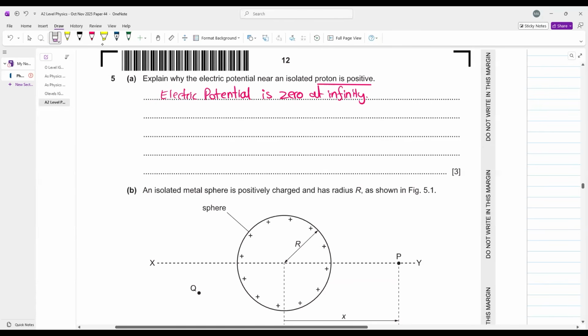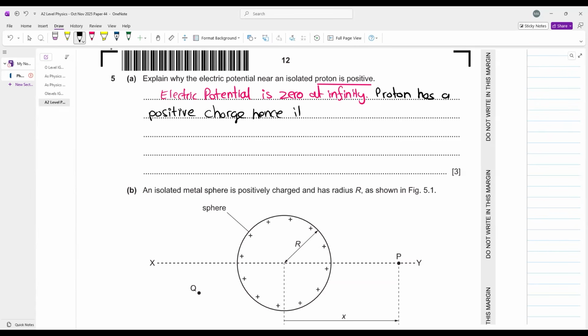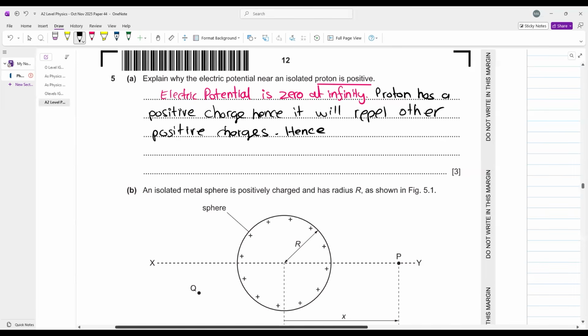Let me remove the bullet points. I think students get confused through this. The second point that you will write here: the proton has a positive charge, hence it will repel other positive charges. Hence, what is the final statement?